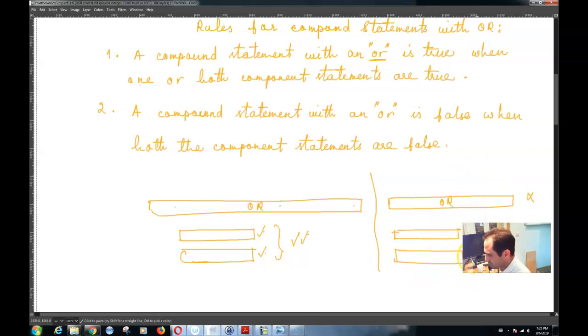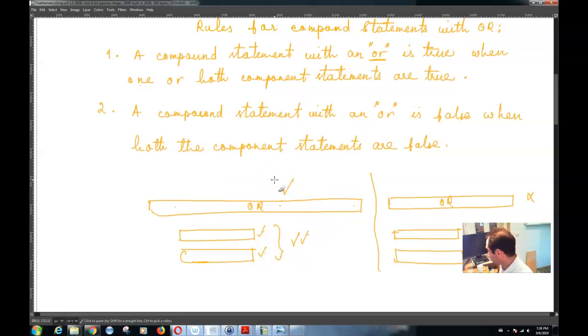So if none of them is true, then of course this is going to be false. If any of them is true, then this is going to be true, and also if both of them are true, this is going to be true. So that's basically the whole story.